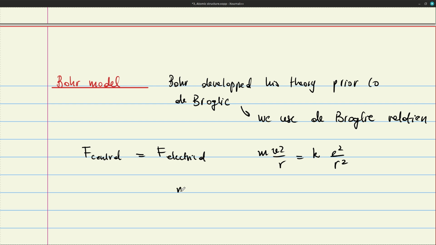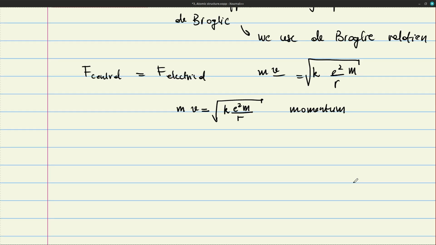And from here you can get mv, just multiply with m, delete this, delete that, and mv is going to be the root of k e squared m over r, which is momentum. Now use de Broglie. Wavelength is equal to h over p, which is equal to h over mv.